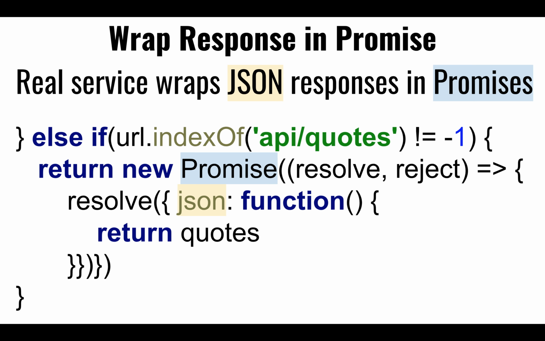We know that the actual implementation wraps it inside of a promise. We know that whoever's calling this is going to be using the .then promise API. So we need to fake all of that, and so we create our own promise.